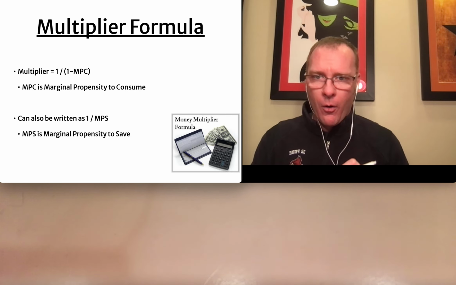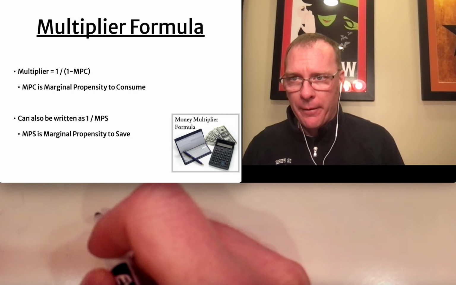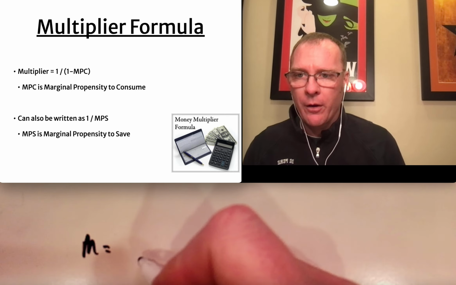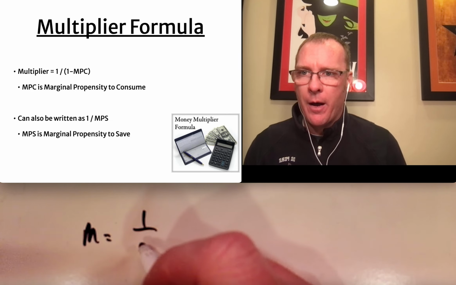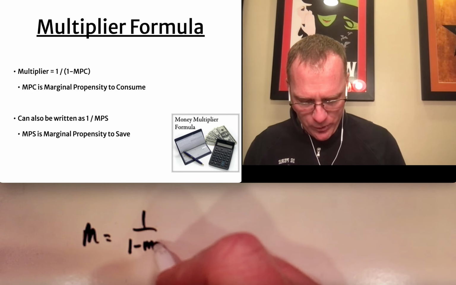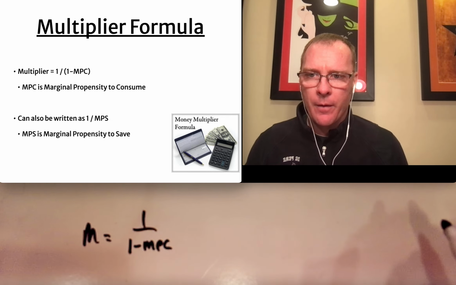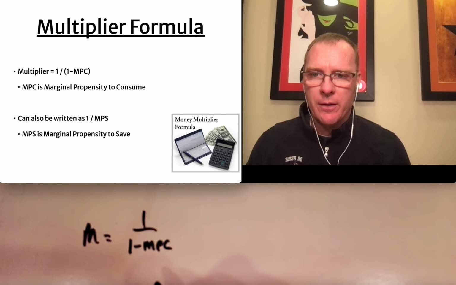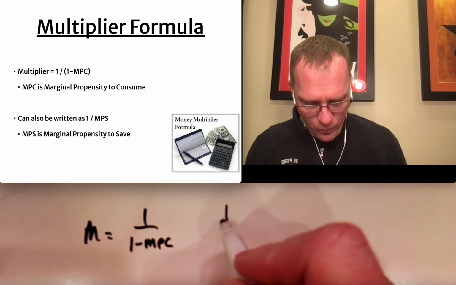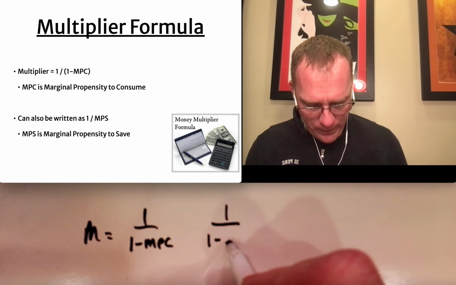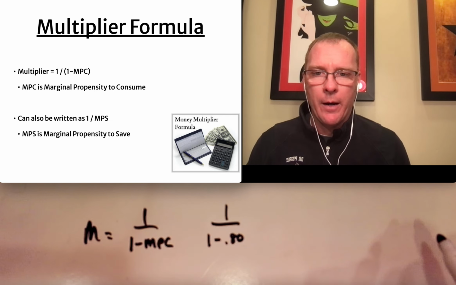So if I know, for example, my multiplier equals 1 over 1 minus my marginal propensity to consume, and I know that my marginal propensity to consume is 80%, I can say this is 1 over 1 minus 0.8.